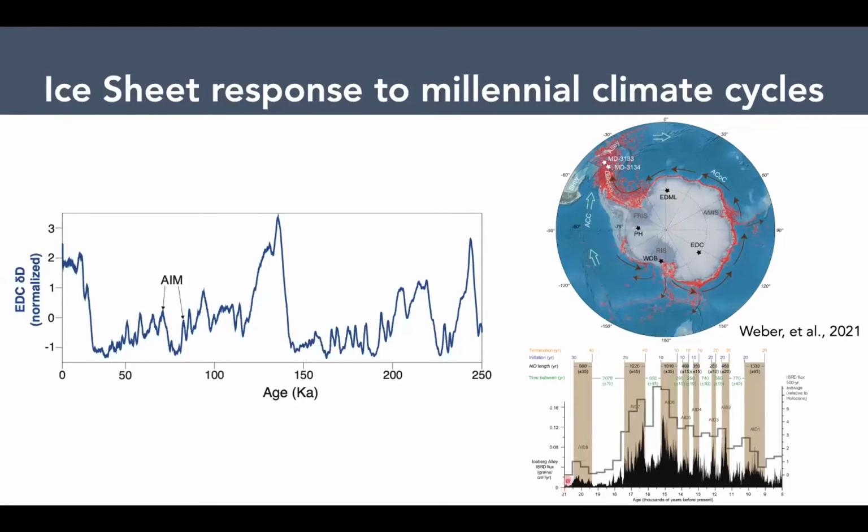They're showing an uptick in iceberg rafted debris, and therefore more icebergs, during AIMs over the past 21,000 years. My work is trying to expand upon this by adding a long-term continuous record as well as a terrestrial record, so we can really get at what glaciologic processes are causing this ice sheet response.